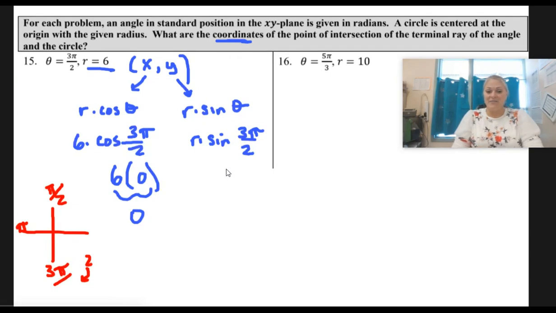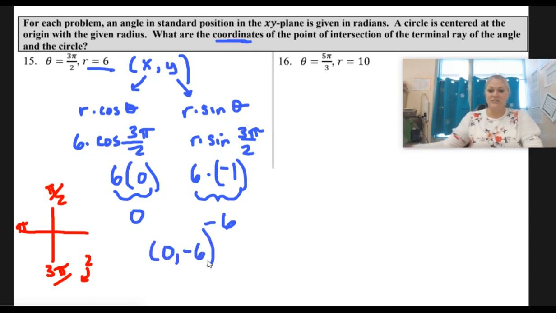The sine of 3 halves pi, you're going to have 6 times -1, since the vertical value at 3 halves pi is -1. So this gives you -6. And so you have (0, -6). That's for the first one.